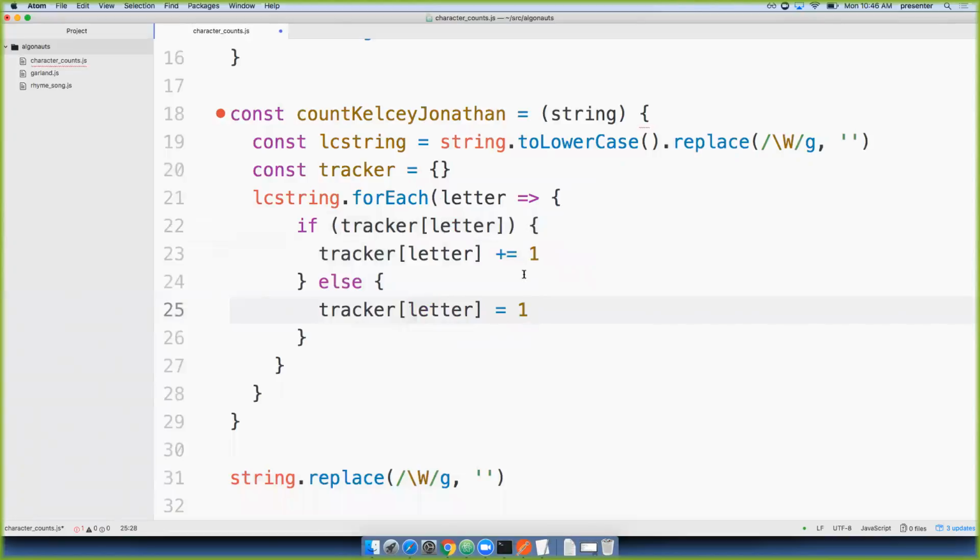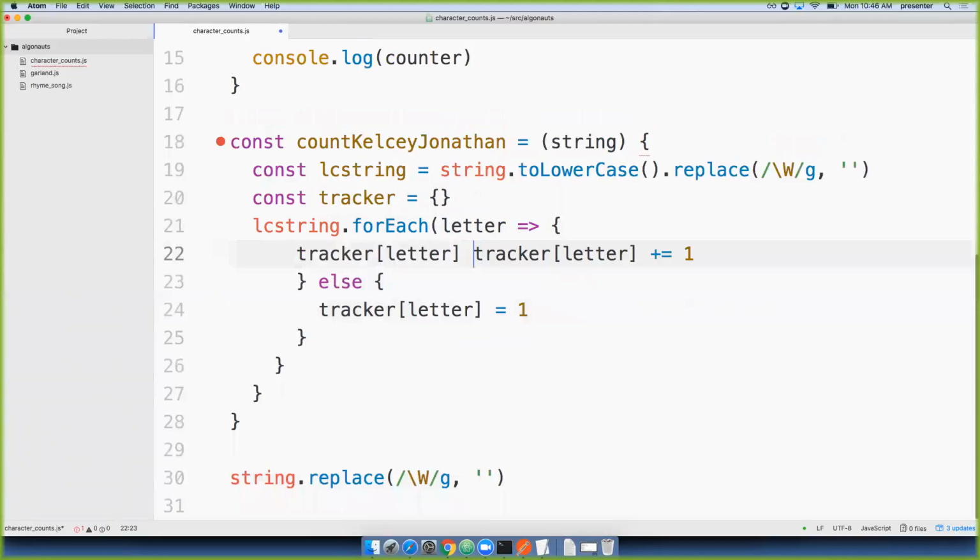And because I'm such a big ternary fan, I would probably write it like this. Actually, this is even better. I think we'll do that. Otherwise, okay.